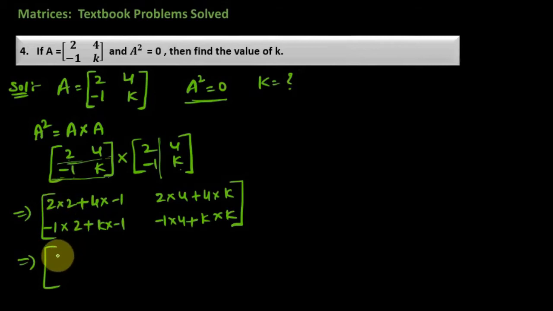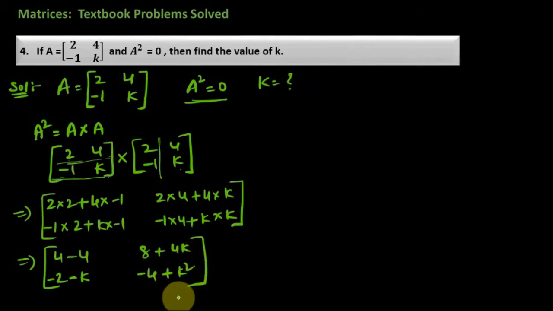2 2s are 4, 4 into minus 1 is minus 4, here 2 4s are 8, plus 4 into K is 4K, here minus 2 minus K, here minus 4 plus K into K is K square, right?